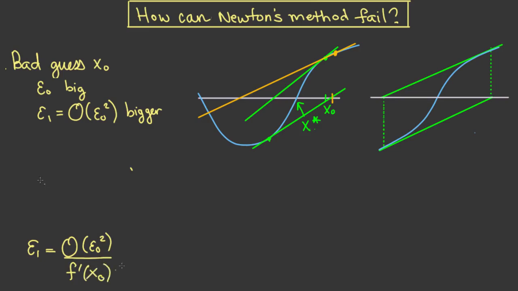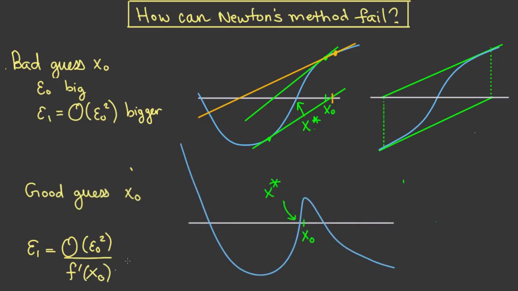So the other way that this method can fail is that maybe we make a good guess for x naught, making the error epsilon naught small, but the slope of the tangent line to the function at x naught is very, very small. We're never allowed to divide by 0, and dividing by a very, very small number can be bad. And so that's going to make this error get really big.